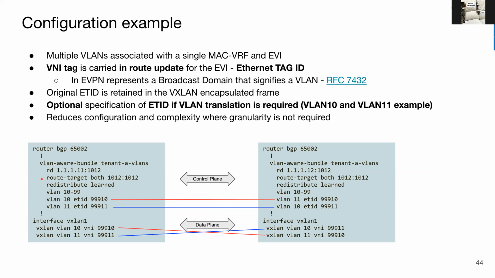I'm going to have a route target, which will be tagged for both import and export, or tagged on the exported routes. And if imported routes come in with this route target, then I will process them. We will redistribute any learned MAC information, any host information. We do need to specify which VLANs are part of my bundle. We're also going to give them the Ethernet tag ID.